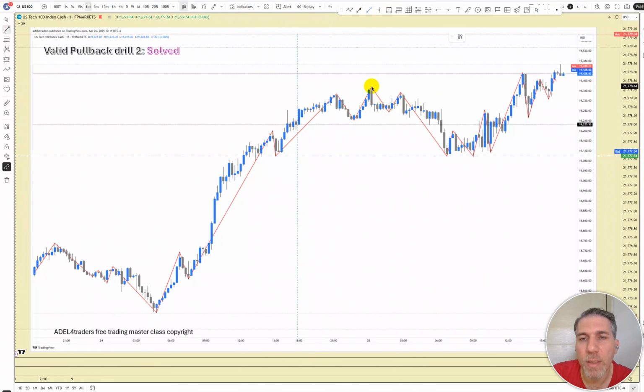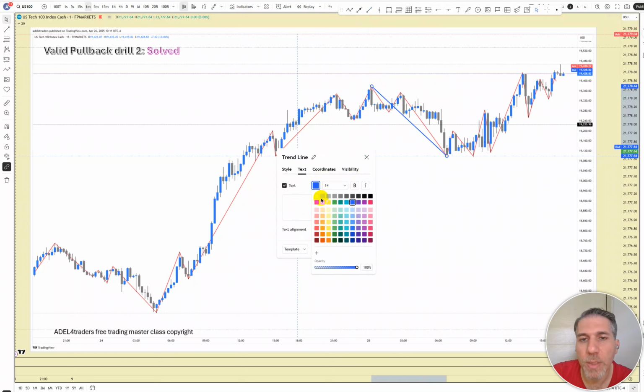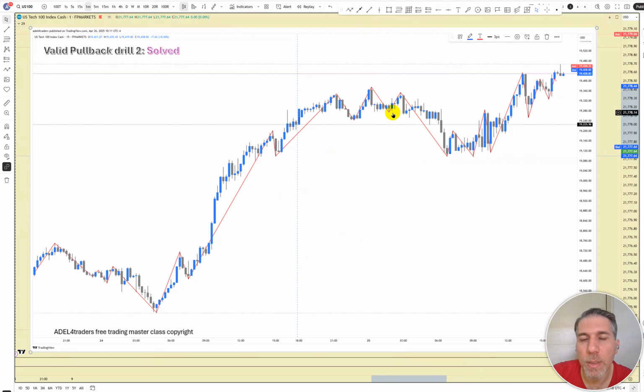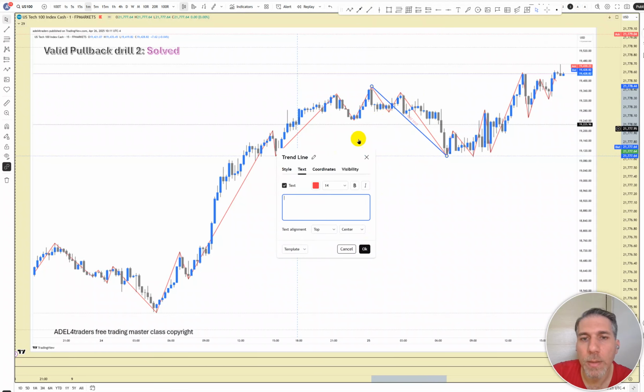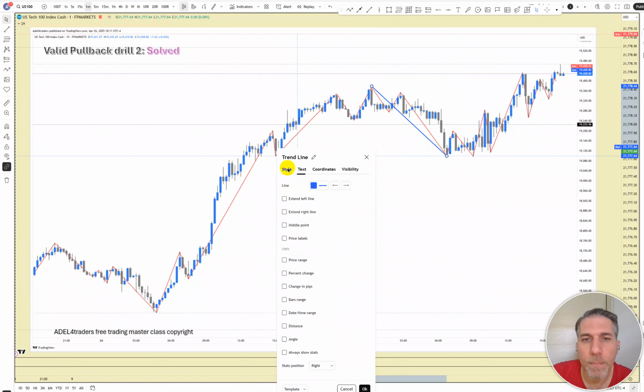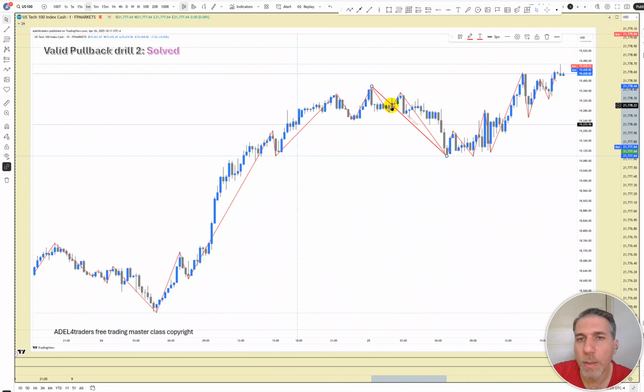We should have done this one, from there to here. This is much better to consider, actually. Sorry. This should have been like this one instead of this, because we don't have any down closing candle's high taken. So we connect from here to there.